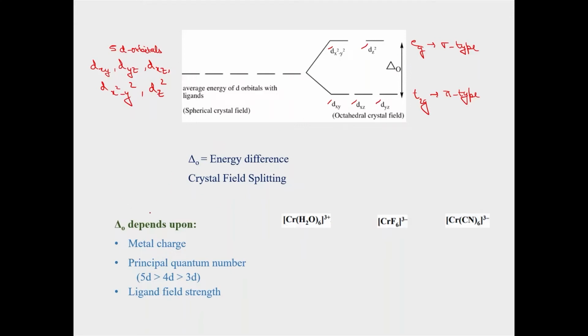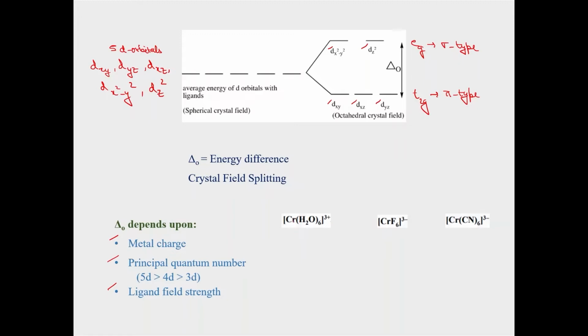So this delta O depends on various factors. They are charge on the metal, principal quantum number and ligand field strength. So let's start by comparing the metal charge.